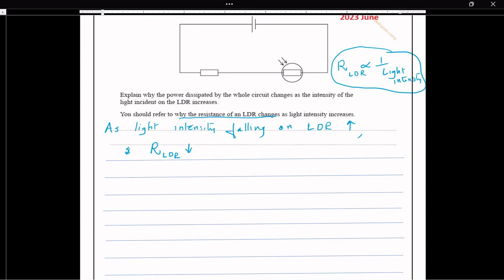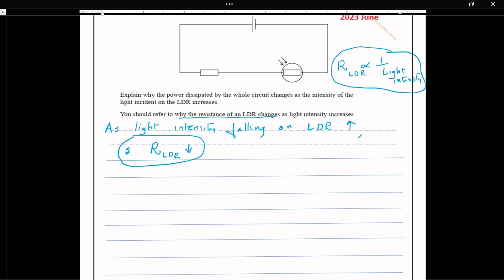So this is what we know: as the light intensity falling on the LDR increases, the resistance is decreasing. So let me write it here. As the light intensity falling on the LDR increases, what's happening? I gave the conclusion in the beginning itself, but let us start from here.